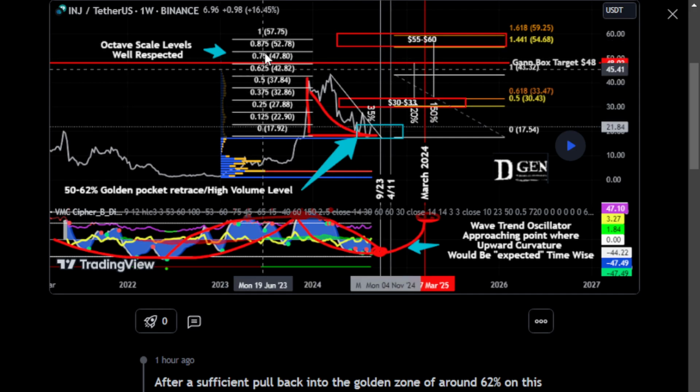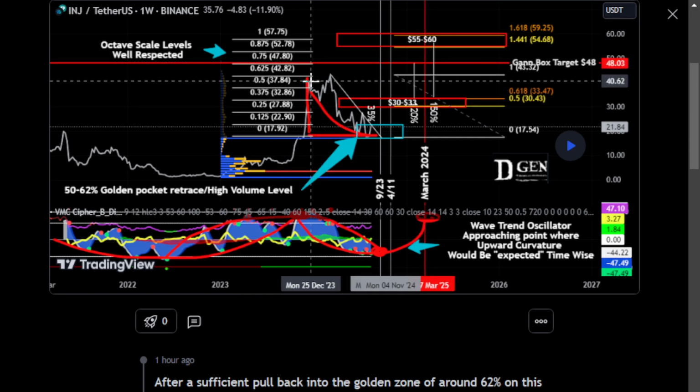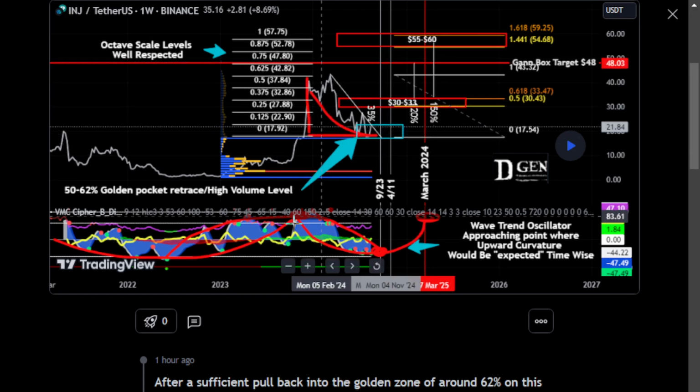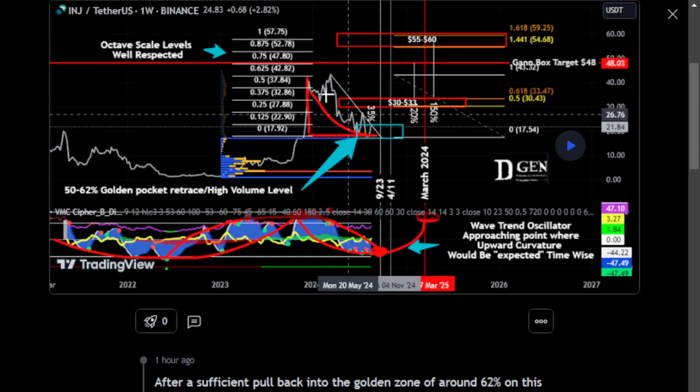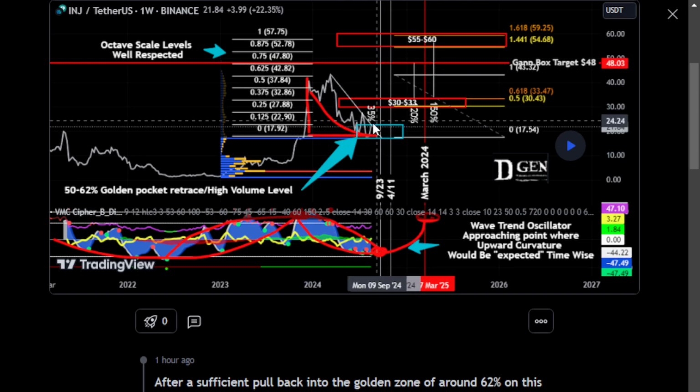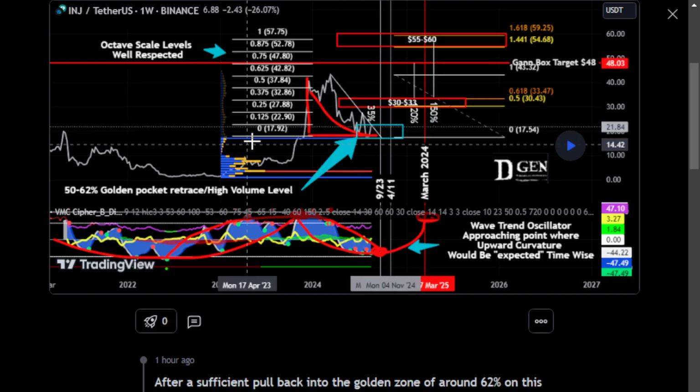Oh, and then our octave scale is the only other thing. So we've got our momentum coming to the downside right in the area. From now over the next month, we would expect to be seeing a rotation to the upside. We've got our fib targets. We've got our trend here, our little accumulation zone, our high volumes right here.